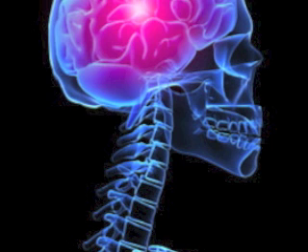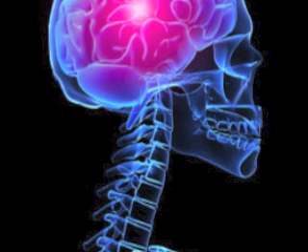Partial seizures are just that: localized seizures. Sometimes they're associated with myoclonic, or it's just one muscle group. The ones you need to remember, and I'm going to go through the rest, are tonic, clonic, and absence.